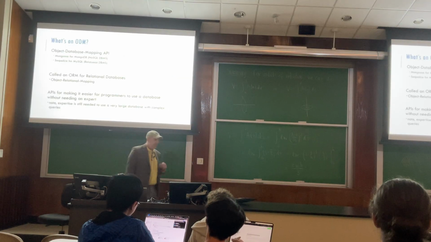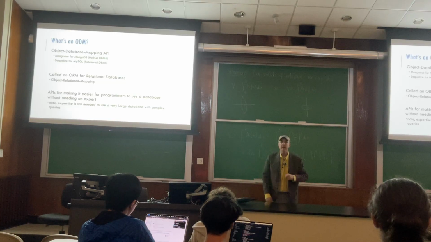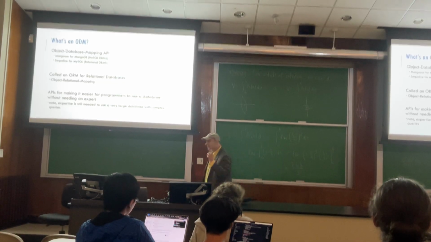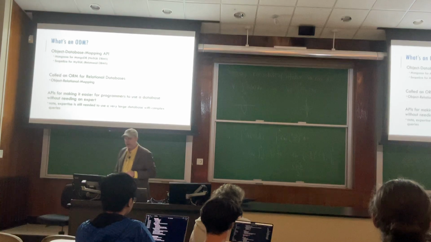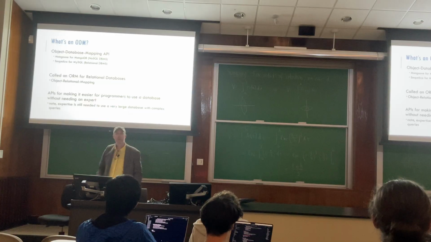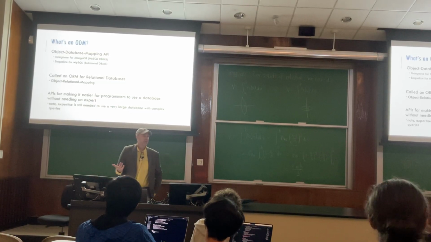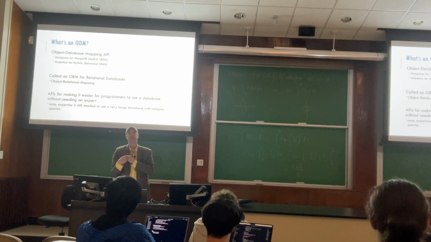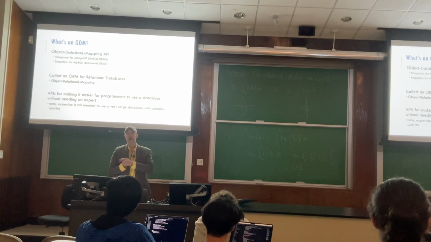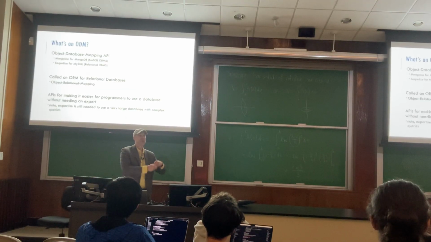Now, there's another thing that we have to worry about, and that is called an ODM, an Object Database Mapping API. There's also something called an ORM, which is a subtype of that. That's an Object Relational Mapping. What is this? Basically it is an API where you, in JavaScript, can write code that talks to the API, and the API knows how to talk to the database.